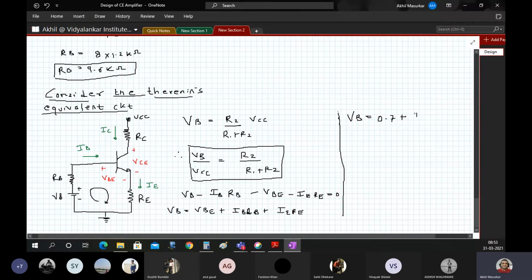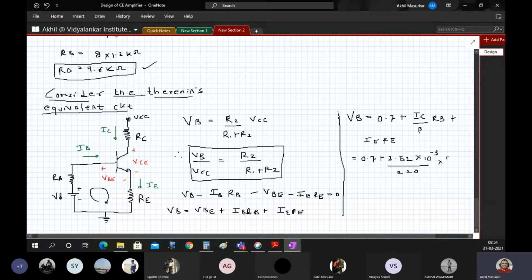So this I can write as IC by beta into RB plus IE RB. So this will be 0.7 plus 2.52 into 10 raised to minus 3 upon 220 into RB value is given to us. RB value is how much? 9.6.